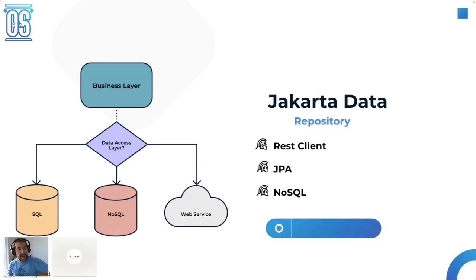Based on that, I have my data access layer, where I don't care where the data comes from, because I have my interface, and this interface will integrate with whatever I want. So if I want to integrate with SQL, a relational database, it's fine. If I want to integrate with a NoSQL database, it's fine as well. And finally, if I cannot integrate with either SQL or NoSQL, I can use, if I wish, a web service as well. So it's fine to use. And for your application, we have no idea.